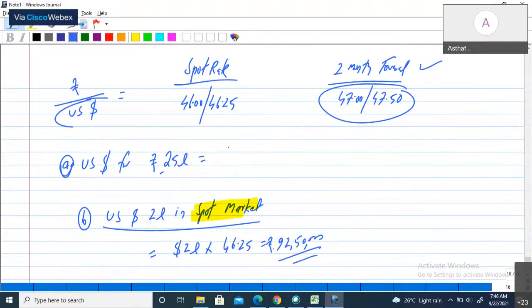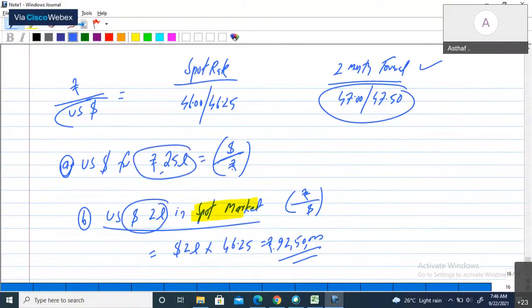So the corresponding rate you want is dollar to rupee. Here you have taken the rupee to dollar rate, because your rupee is expressed in dollar. The rate at which the bank sells is called the ask rate. So the relevant rate you want is dollar to rupee ask, but in this question dollar to rupee ask is not there.